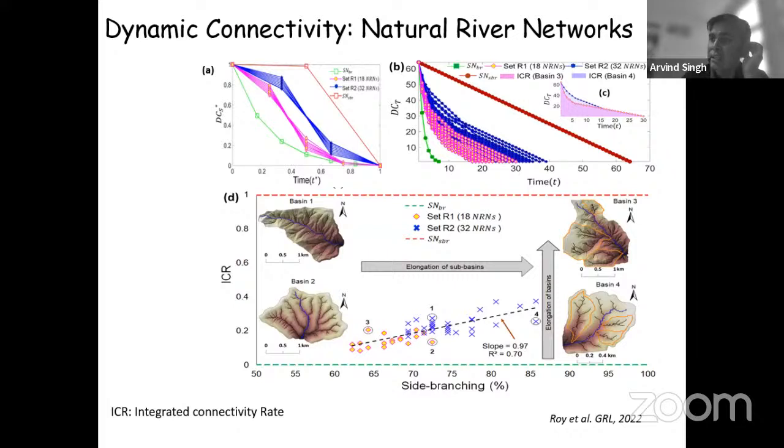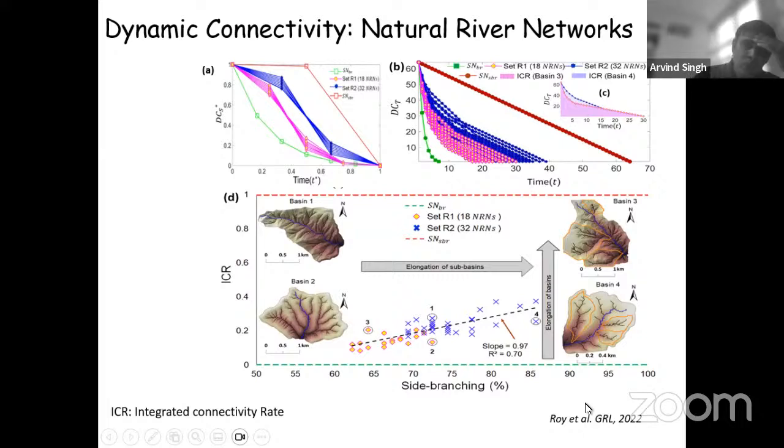In this particular case, what we would expect is that the networks with higher side branching exhibit slower convergence of fluxes, so if the ICR, the integrated connectivity rate, is higher, that should indicate higher side branching.